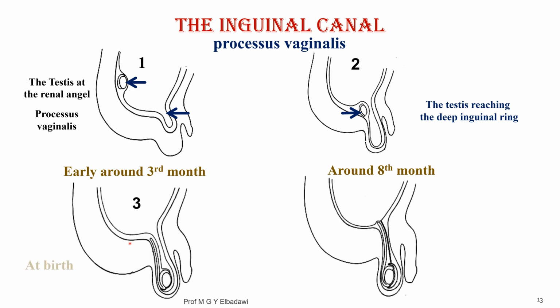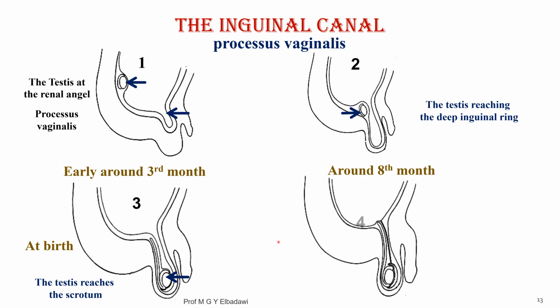The third stage, the testis is completely down in the scrotum. The processus vaginalis is still connected to the peritoneal cavity, now surrounding the testis here.